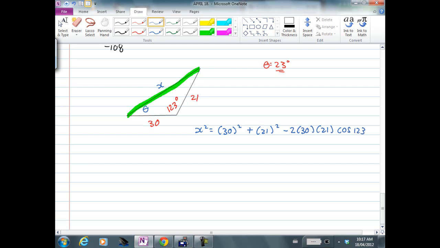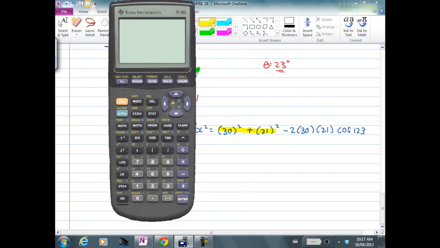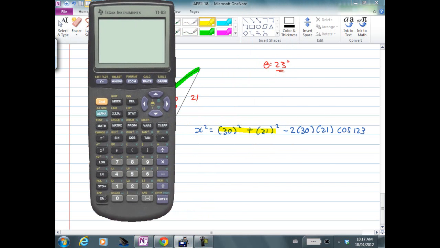I'm going to break it up into two pieces and take it nice and slow. 30 squared plus 21 squared is 1341.